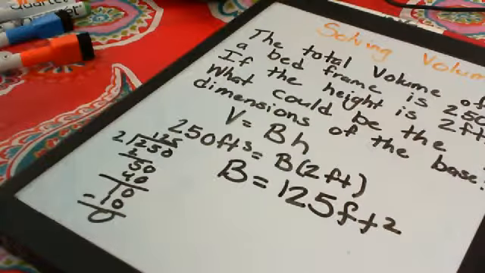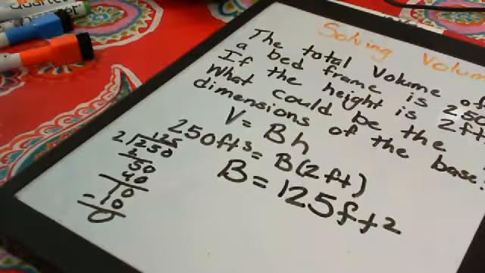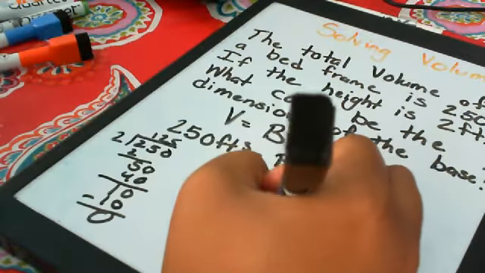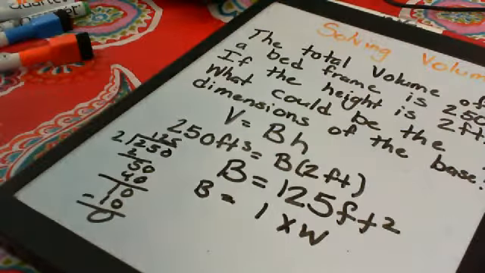But the problem is we didn't answer the question. The question wants to know, what could the dimensions be of the base? So we know our base equals length times width. So what kind of ways could we break this into 2 groups to equal 125?